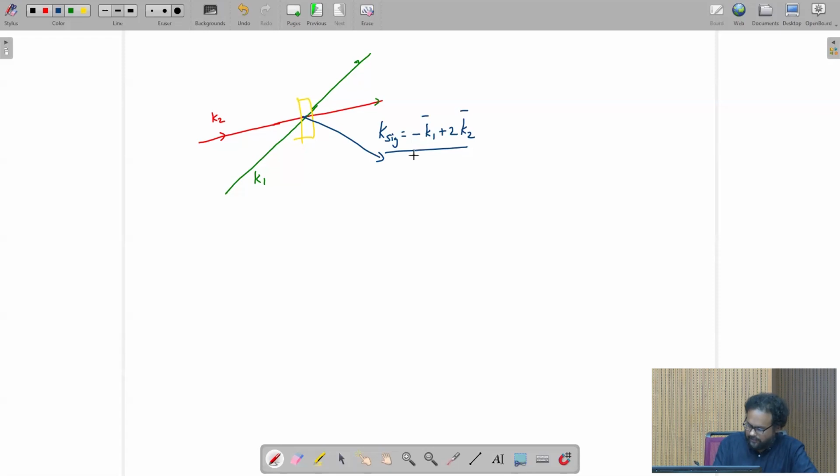This is a special case of minus k1 plus k2 plus k3, where I'm combining k2 and k3 into one single pulse called k2. This is what is referred to as a two-pulse photon echo. The tau 2 essentially becomes 0 because they are the same pulse.